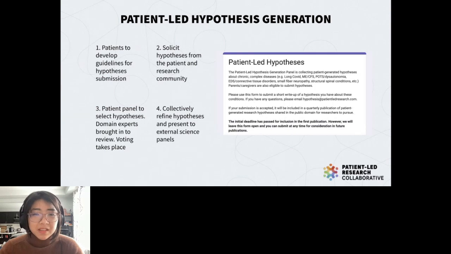The team then collectively refines hypotheses, and sometimes we have partnerships to present them to external science panels to get even more feedback. So it's a very iterative process, but it's also heavily embedded in patients' lived experiences and the domain expertise that our patient panel has.